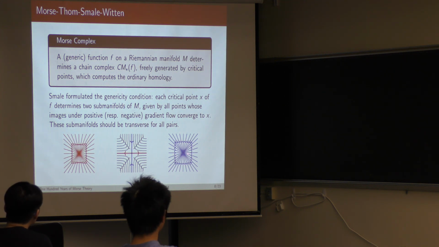At a minimum it's nothing, everything flows in. At a saddle point there's one arc going in and one arc going out. The condition that Smale formulated, which is why this is called the Morse-Smale condition, is that the things that come out of a critical point and the things that come up from another critical point meet transversely.